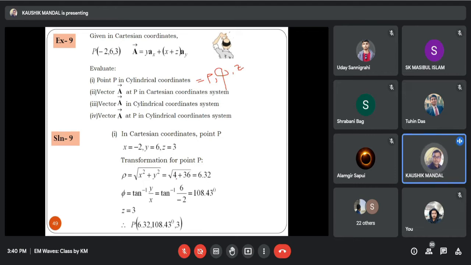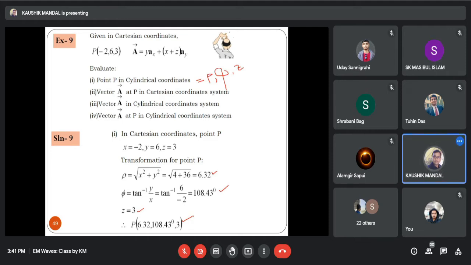The x value is given, y value is given, so it is 6.32. Then what is phi? Phi equal to tan inverse y by x. Y is given, x is given, so you can easily calculate phi, and z is equal to z, so z equal to 3. So what will be the corresponding point in the cylindrical coordinate system? That is 6.32, 108.43 degree, 3.